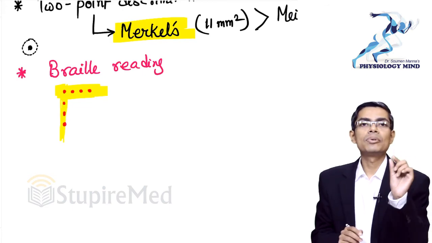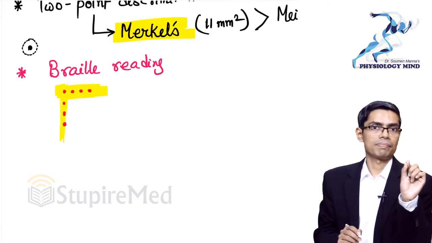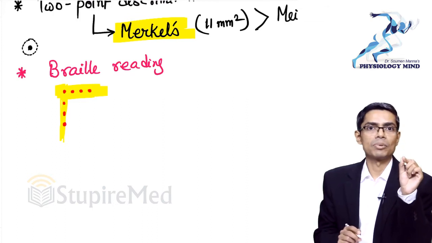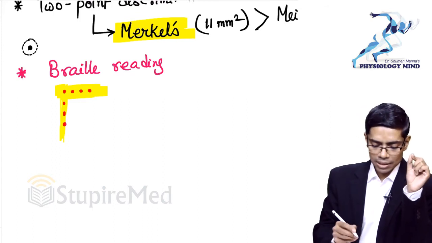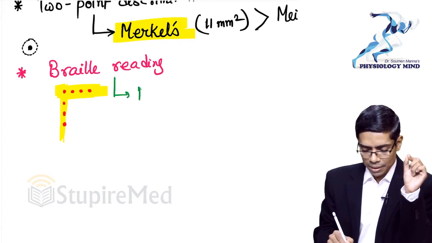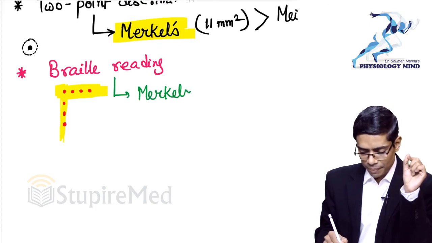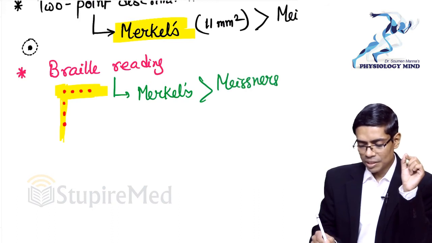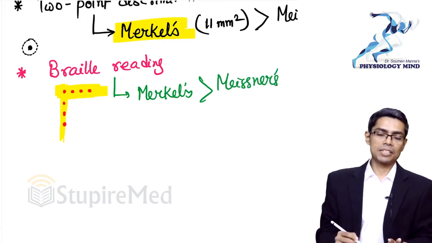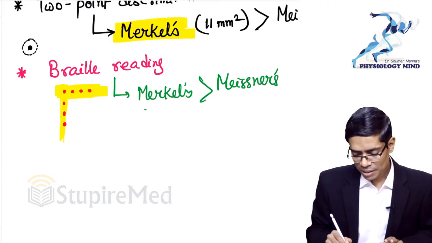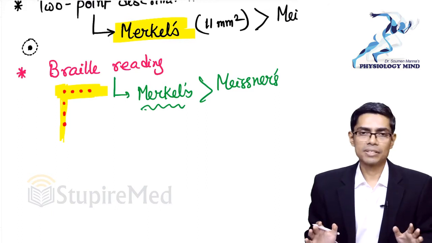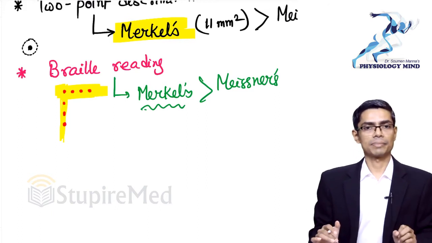But first of all, I have to identify the dot point. So what is the basic stimulus? Again, the principle of two-point discrimination. So the answer to this question is Merkel's rather than Meissner's. Meissner's is also responsible for Braille reading, but the best picture will be given by Merkel's. So this is about the touch or tactile receptors.